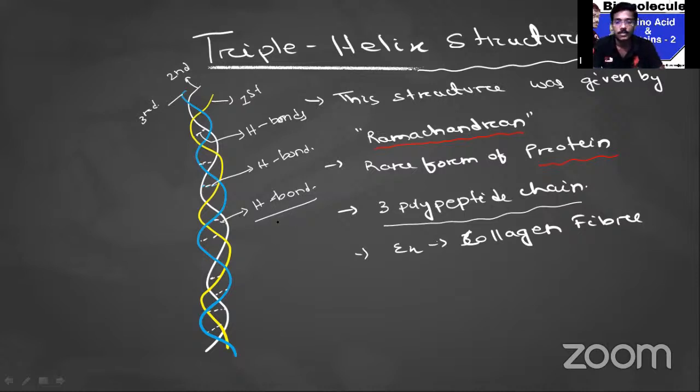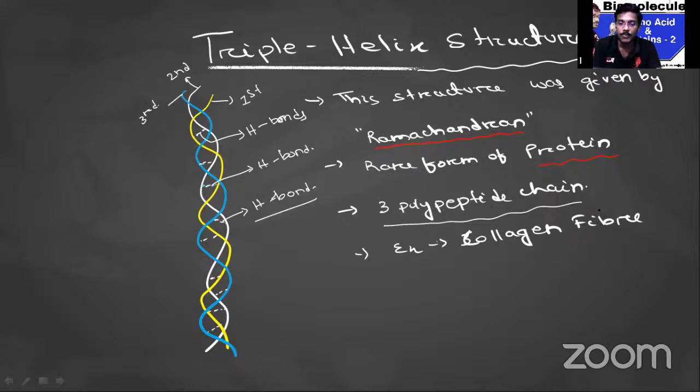Sorry for the disturbance. So if there are three polypeptide chains held together with hydrogen bonds, then that kind of structure of the protein is called the triple helix structure of the protein.